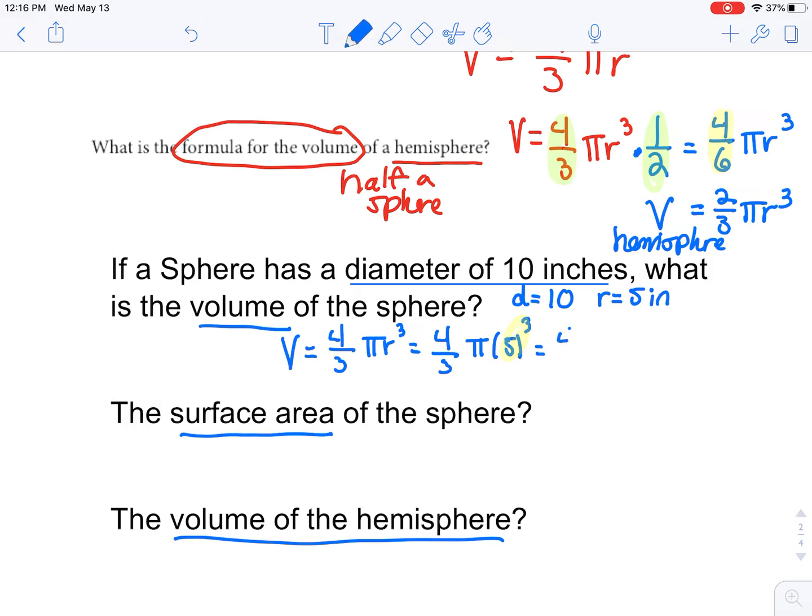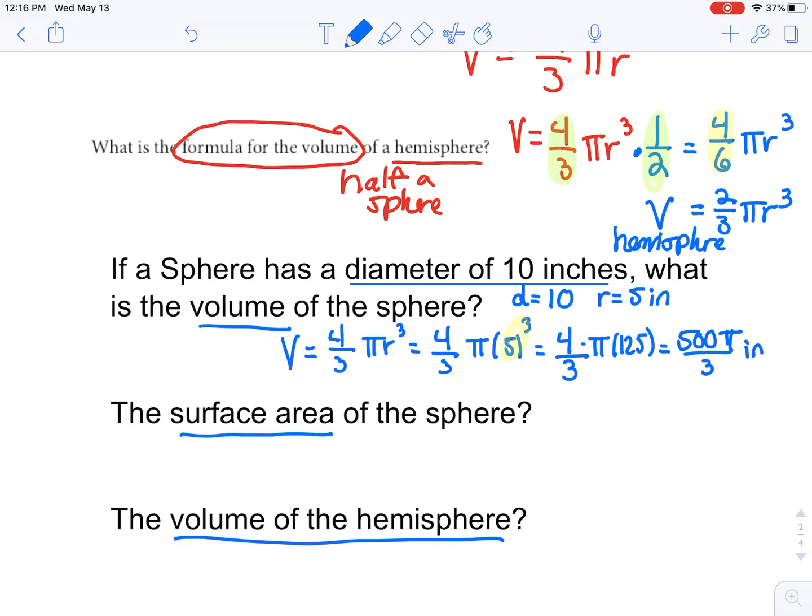Now, 5 cubed is 125, so we've got 4/3 times pi times 125. 4 times 125 is 500 pi divided by 3. And since 500 cannot be divided by 3 evenly, I could leave it like this.